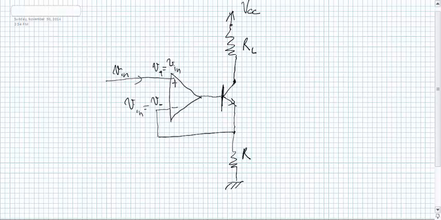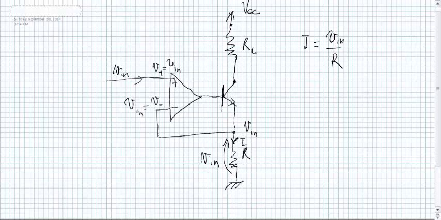So V in is over here, and that's what defines this current, I. We still have I equals V in over R.